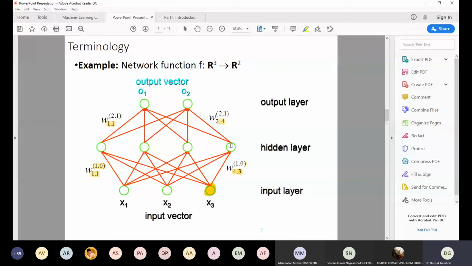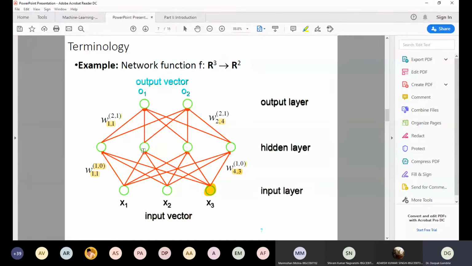W43, fourth hidden unit coming from the third input unit. W24, going to the second output unit and coming from the fourth hidden unit. Similarly, the weights for these orange lines are not written, but they are present. Suppose I am writing the weight going from x1 to hidden unit 2.